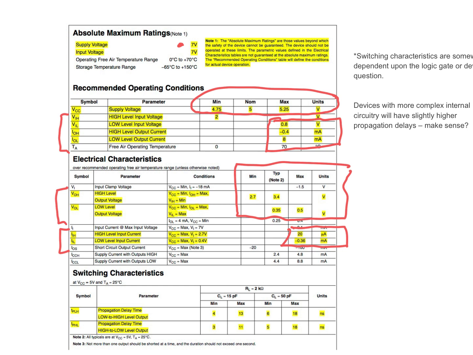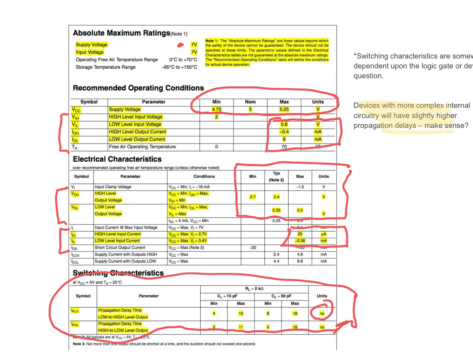The note about the propagation delays, which I haven't gotten to yet here, just says more complicated devices take longer for the signal to propagate through. For this particular gate, you can see that it takes some time from when the signal goes high to low or low to high to propagate through the gate.